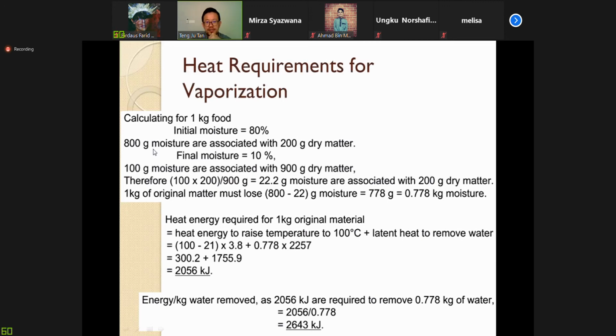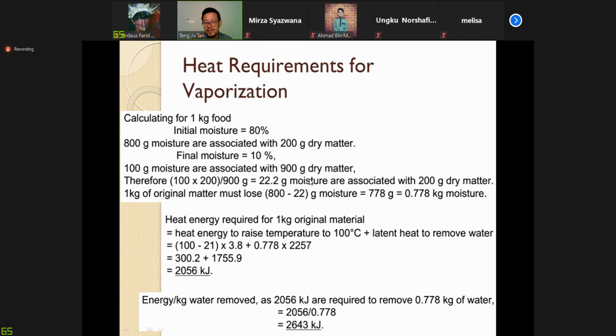In order to reduce it to 10% water content, you have to remove 800 minus 22.2 grams, which means you have to remove 778 grams of moisture to get a final moisture content of only 22.2 grams.